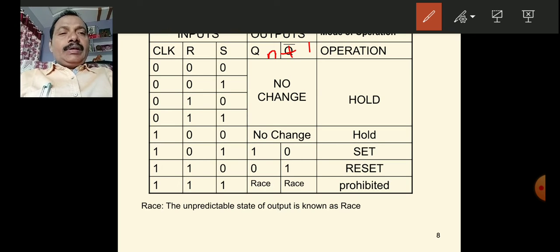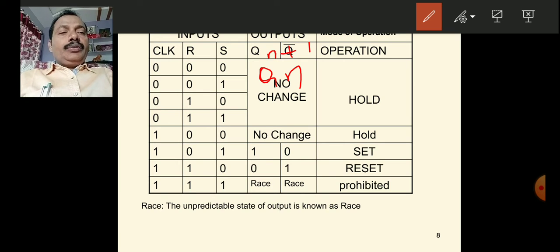That means the next state. Qn plus 1 is the present state, let us call, and no change means Qn. Qn plus 1 is the present, Qn is the previous state. So in most of the books you will find Qn plus 1 and Qn for this combination.